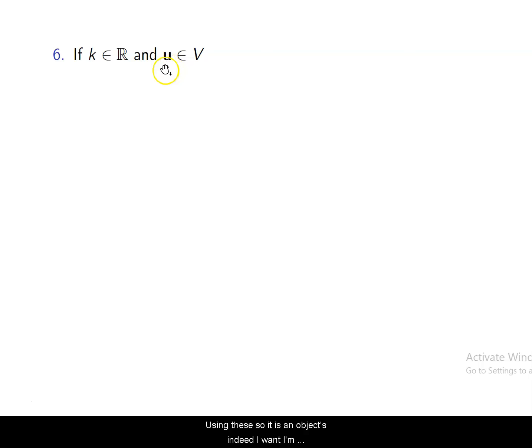U is in V, so it is an object in V. I'm hesitant to call it a vector because we're proving it's a vector space, so it's not technically a vector yet, right? But U is an object in V, whatever the collection of things in V is: vectors, matrices, functions of a certain type, transformations of a certain type, etc., right? It's a collection of objects. Then k times this object in V is still going to be in V.